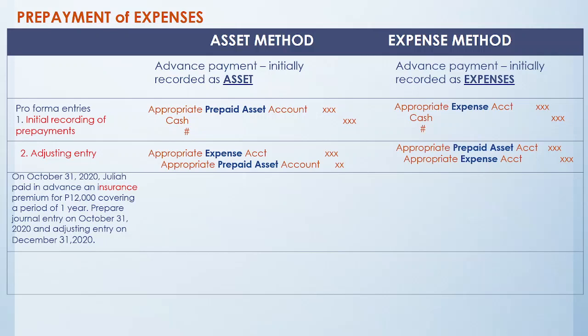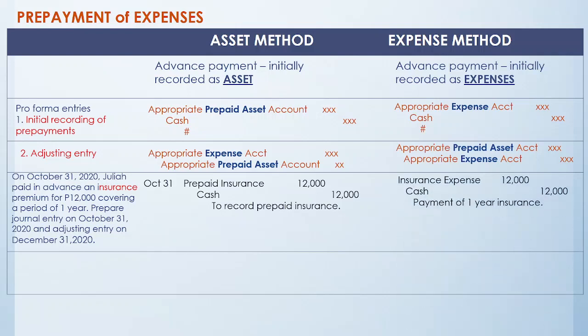Now we will record upon payment of our insurance premium. Under the asset method, we will debit prepaid insurance and credit cash for the value parted with. On the other hand, using the expense method, we will record the payment of the insurance premium by debiting insurance expense, 12,000, and crediting cash, 12,000.